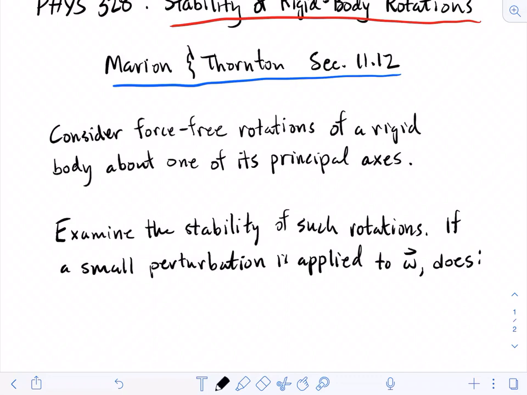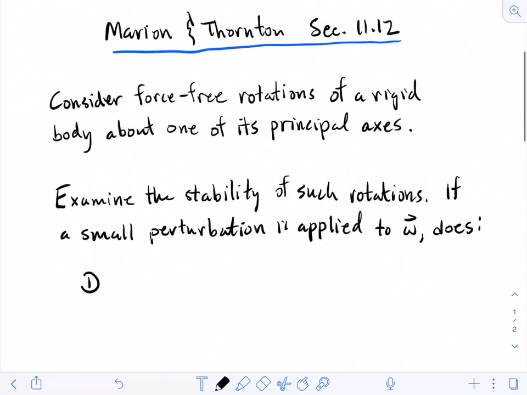And then we slightly tilt the angular velocity vector away from that E1 hat direction. Does that perturbation grow? Or does it get dampened? Or does it result in small oscillations about the dominant rotation axis direction?